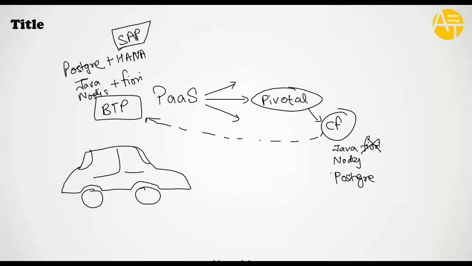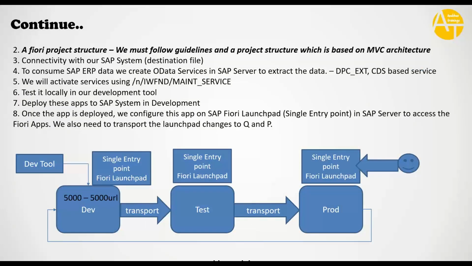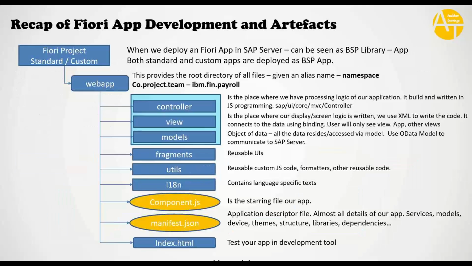And also in the last session, we talked about the Cloud Foundry basics and the DevOps process, and the Fiori design and development process in general, how exactly it's being done. In the end-to-end flow, we saw how a Fiori app is realized from the design till the final maintenance phase. We saw the development tool setup and also the process of developing a Fiori app, including services.